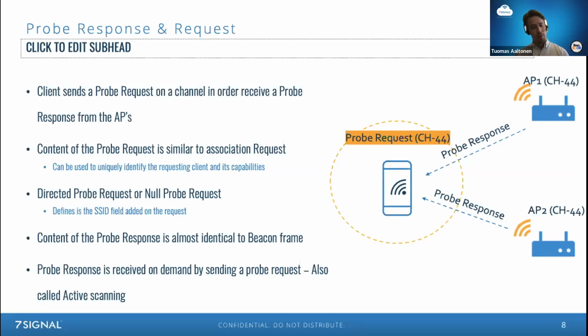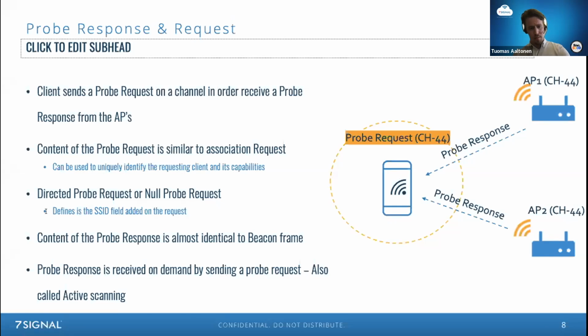So in the directed probe it is, but in a null probe, it's a wildcard, so it's not adding the SSID name, meaning all the access points need to respond. So of course, if the SSID field is present in the probe request, there will be fewer responses coming back from the access points, because only the ones belonging to that SSID need to respond.